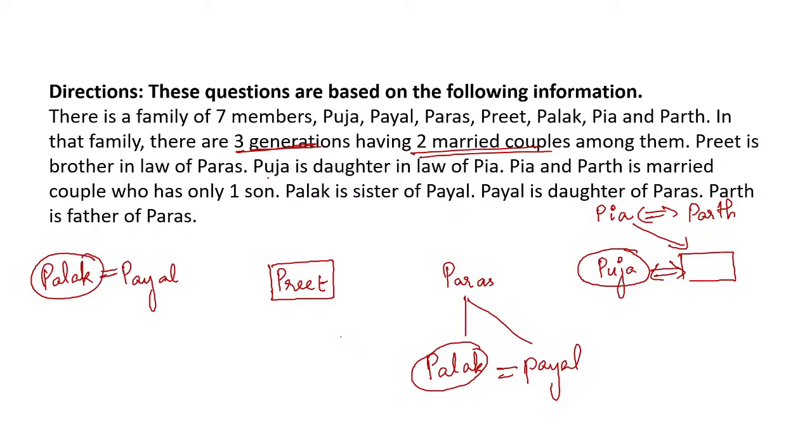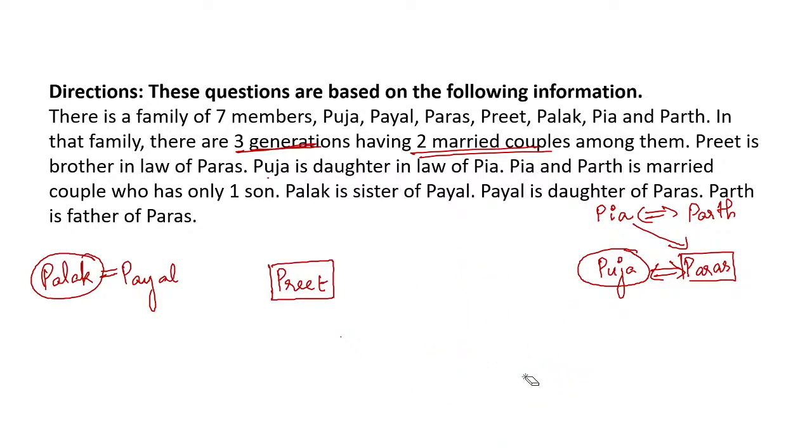Parth is the father of Paris, which means Paris comes over here. So we'll take this complete thing and we'll put it here. So here comes Paris, who is the only son, correct? And Palak and Payal come as their children. Palak is the sister, and Payal's gender is not known.